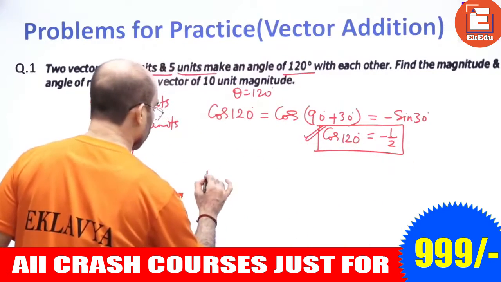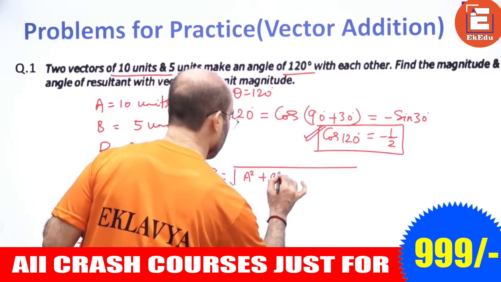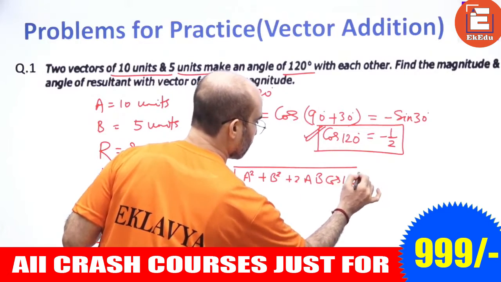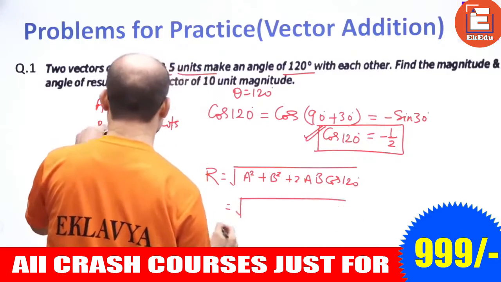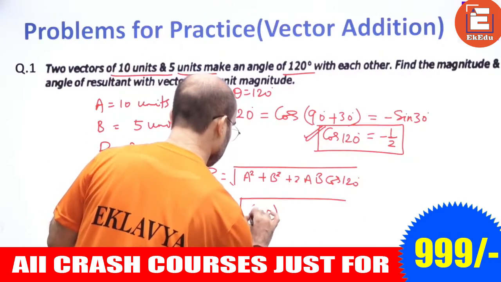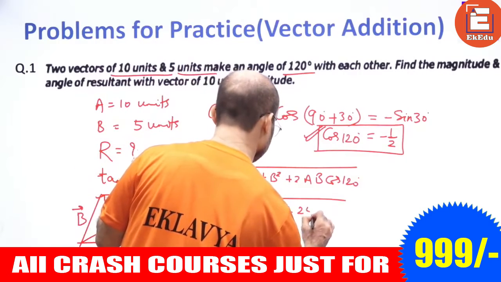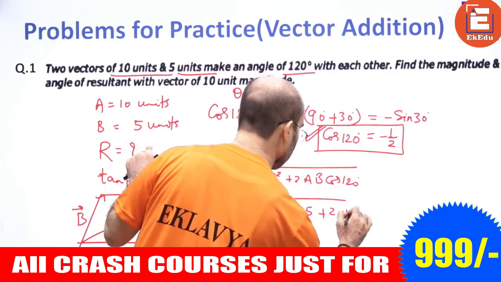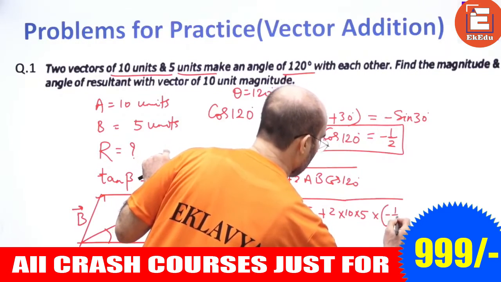What is the formula? R equals the square root of A square plus B square plus 2AB cos 120 degrees, right? Theta is 120 degrees, so just put it. A is 10 units, B is 5 units. Square of this will be 25, plus 2 into 10 into 5 into minus half.